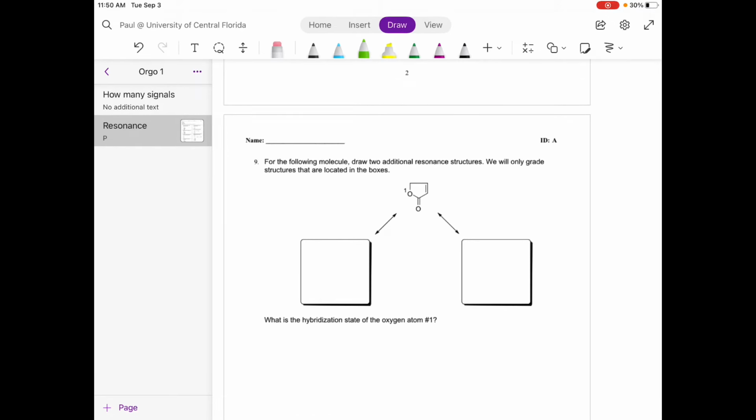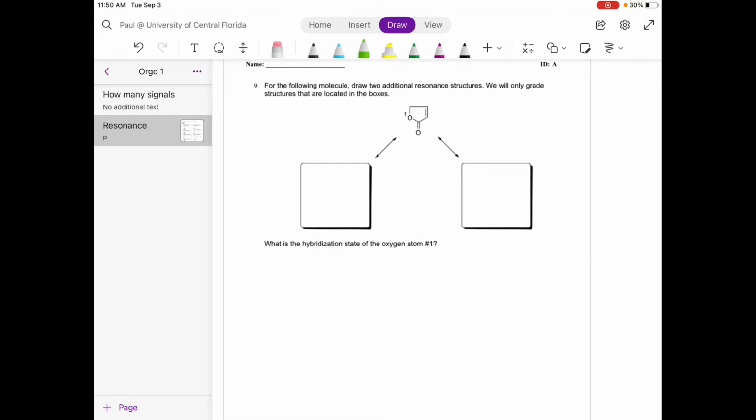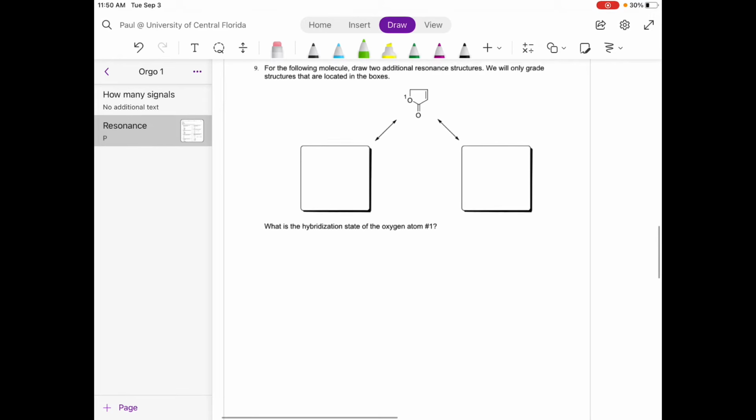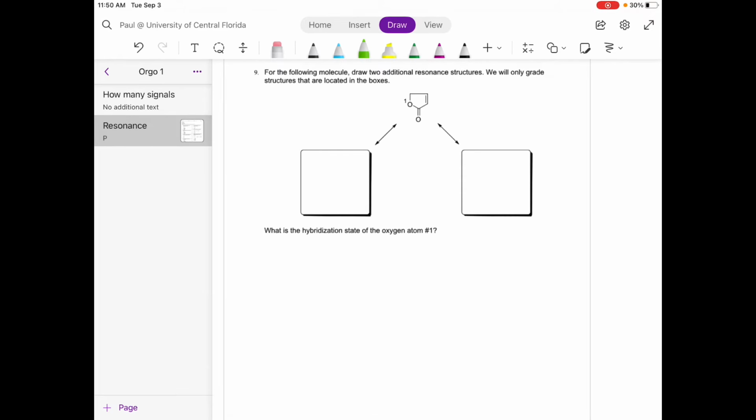Draw 2 resonance structures here. Look, we did this one in class, but since we're here, let's just do it real quick. Okay. So there's our double bond. You know, I don't like drawing it that way.